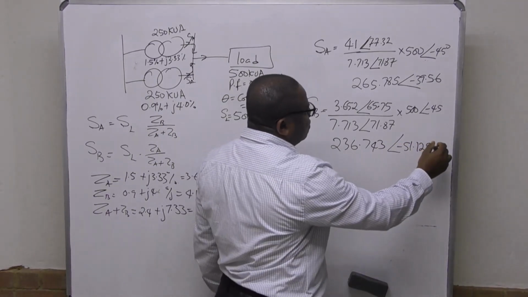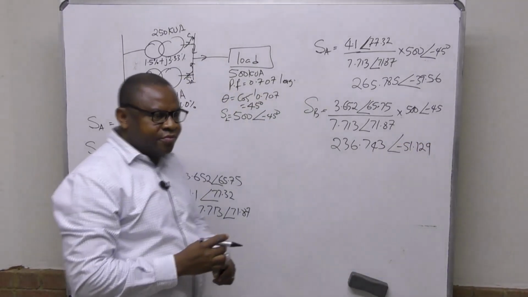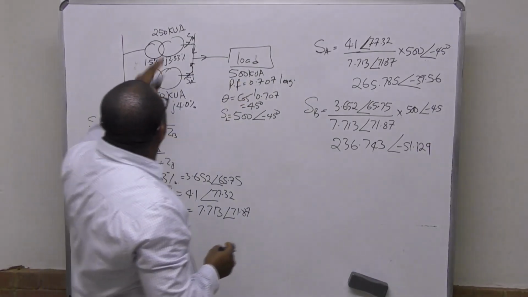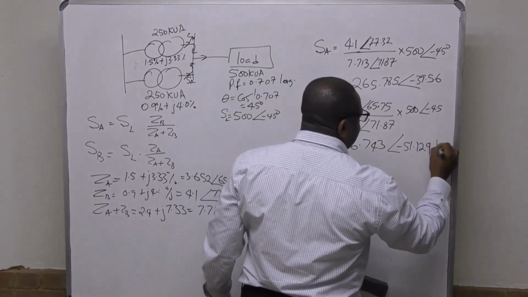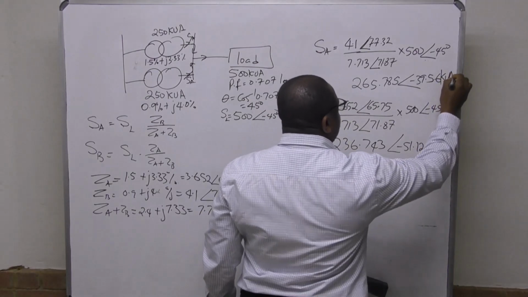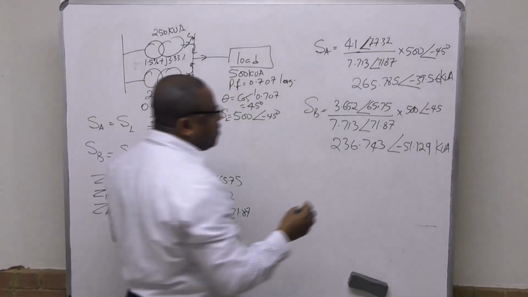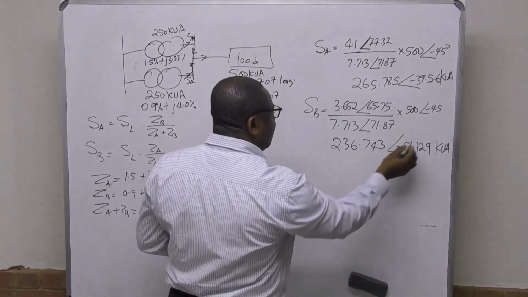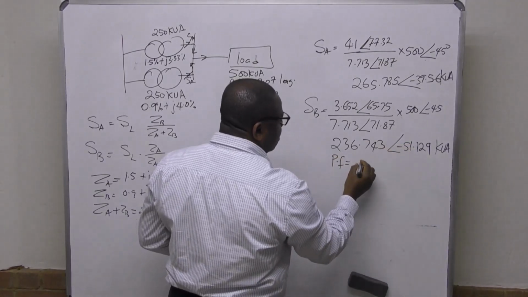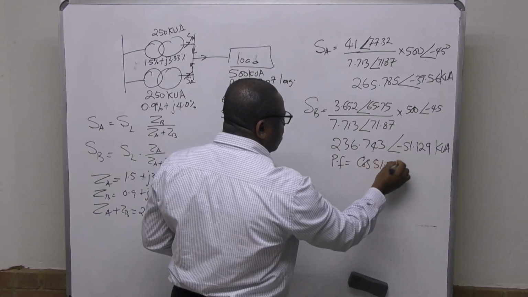So this is in kVA. So power factor for this, because they say we must calculate power factor, which is cosine of 51.129.